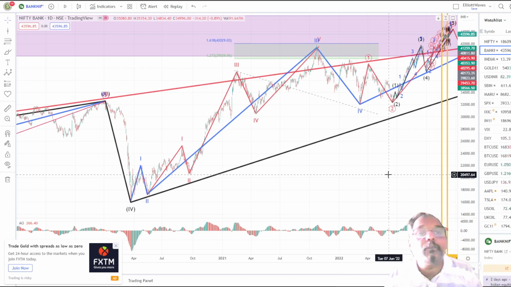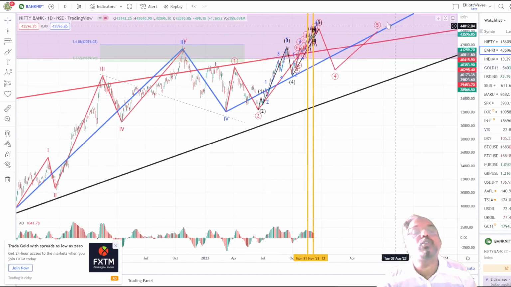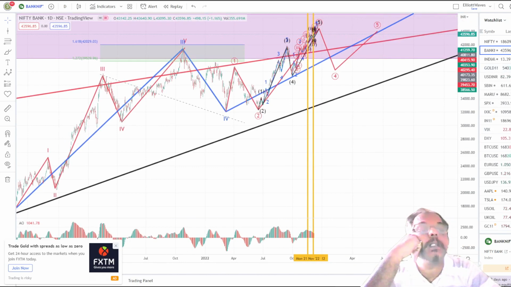Okay, now with so many fifth and with a target which is very very close to what we have, I would probably start looking at taking some of my investment bets from Bank Nifty.